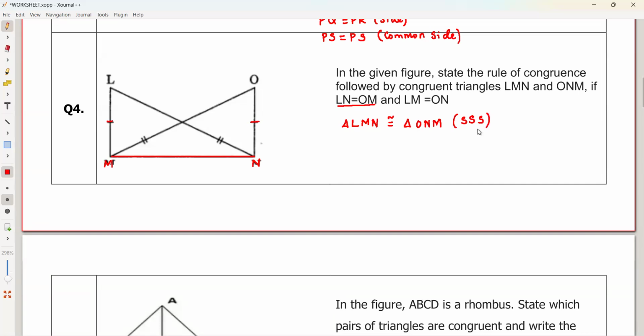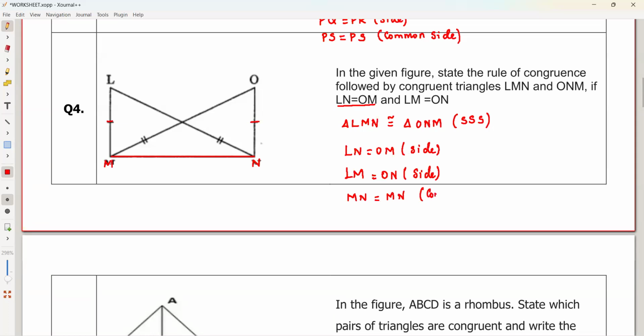S. So if you want to write, you can just write LN is equal to OM. This is one side. Next, LM is equal to ON. This is also given, side. Next one, MN is equal to NM. Both are common side.